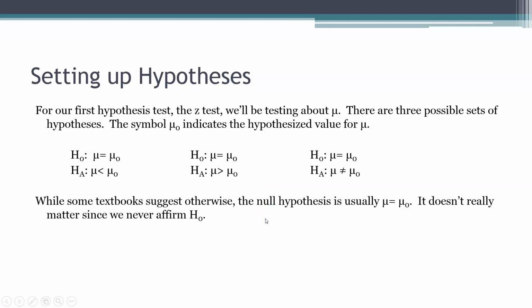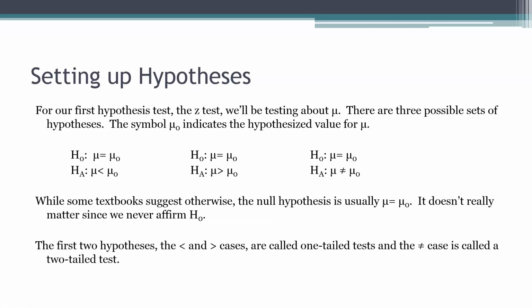So, by the way, this is a good time for me to mention the difference between what's called a one-tailed test versus a two-tailed test. And this is going to be important for us when we do stuff in SPSS. This test, where the alternative hypothesis is not equal to, is called a two-tailed test.